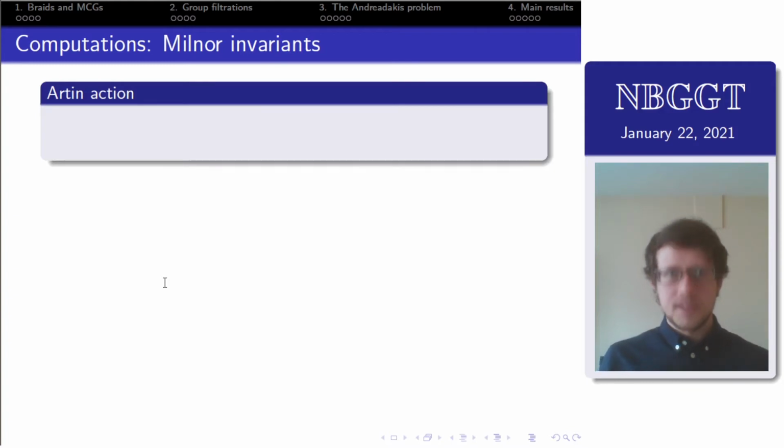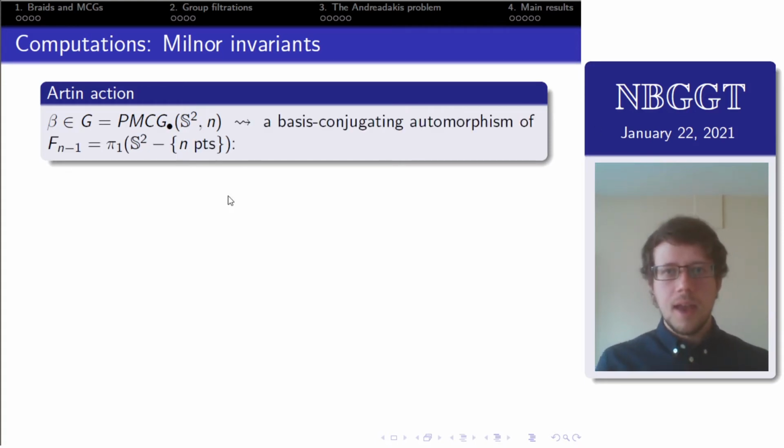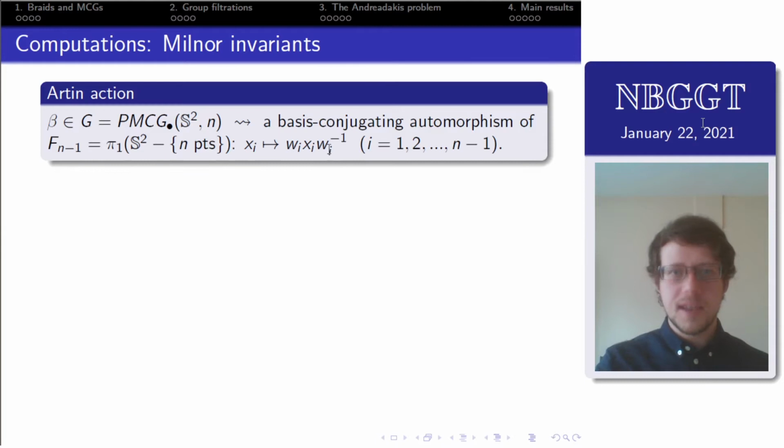So first, I have this Artin action, as before. I take beta, an element of my pure mapping class group of the sphere fixing n+1 points. And then I get an automorphism of the free group, this fundamental group here. And this is not any automorphism, it has to be a basis conjugating automorphism.